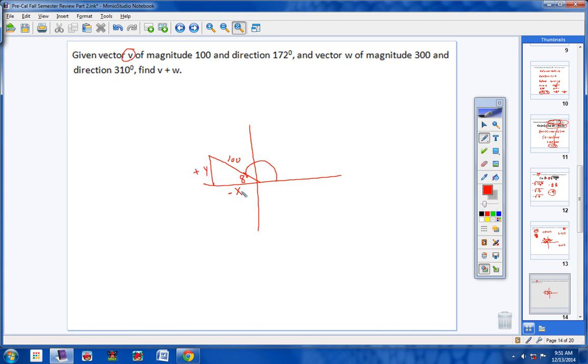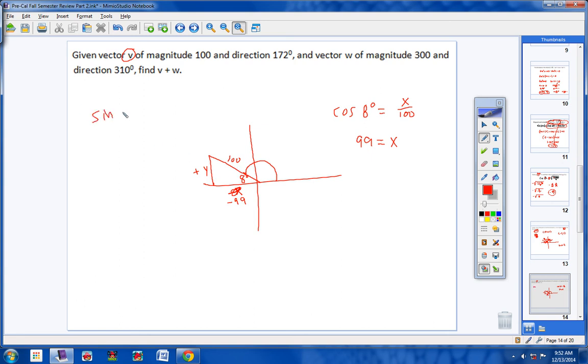How do I find my x? Adjacent over hypotenuse. Cosine of 8 degrees equals adjacent over hypotenuse. Multiply both sides by 100. And I get 99.03. I'm just going to put 99. So 99 equals x. So it's going to be a negative 99. Don't forget that. Okay, now let's find y. Opposite over hypotenuse.